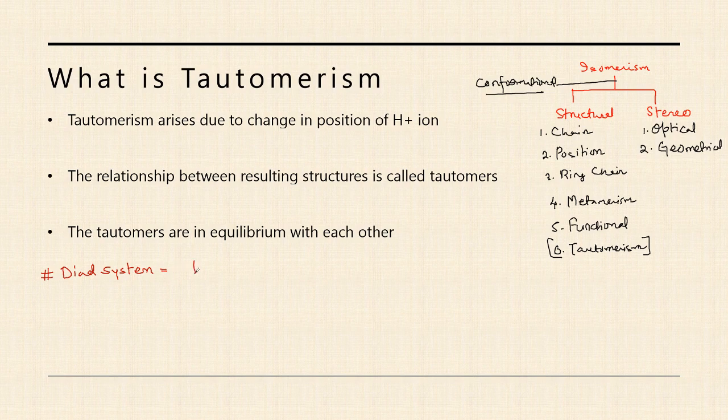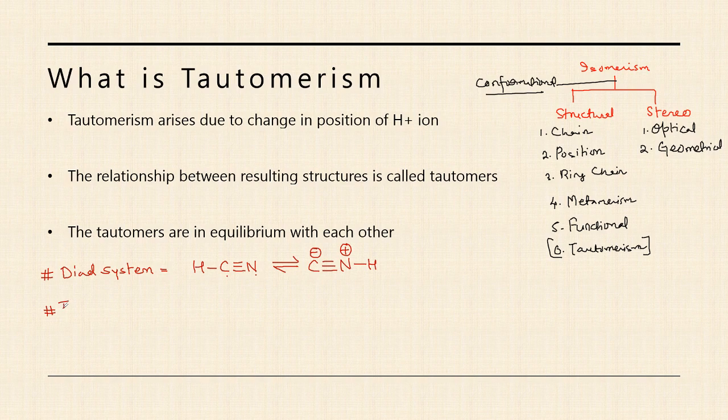In a dyad system, we have a very unique example, that is of HCN. If the position of hydrogen atom, जो कि कार्बन के साथ लगा है, if it changes its position and becomes something like this, then we will call it a dyad system. दो atoms के बीच में movement हो रही है from here to here.